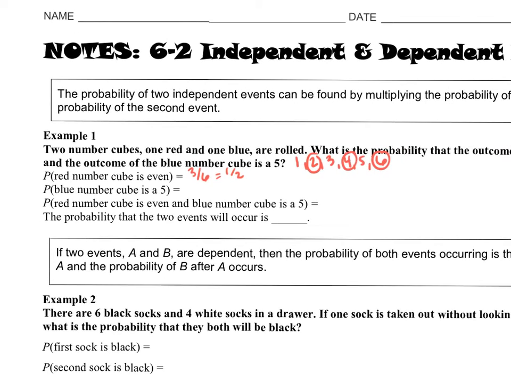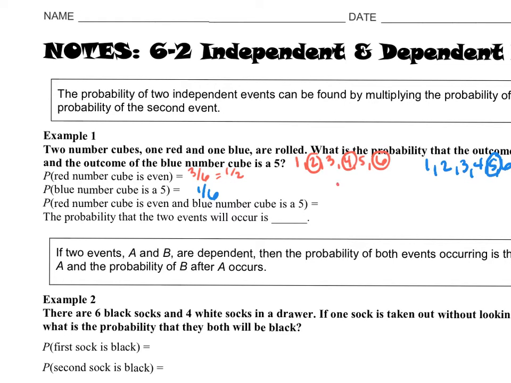On the blue number cube, what is the probability of a 5? Our options are still 1, 2, 3, 4, 5, 6, so the probability of getting a 5 is 1 out of 6. Reading this line, it says the probability red number cube is even and blue number cube is a 5.